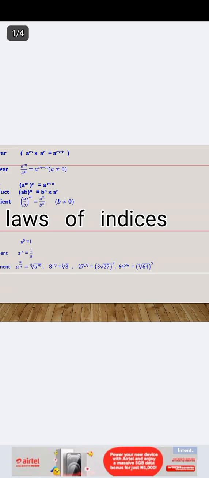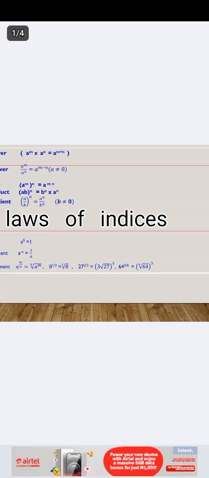What are indices? Or what are the laws of indices? The laws of indices provide us rules for solving expressions involving powers.